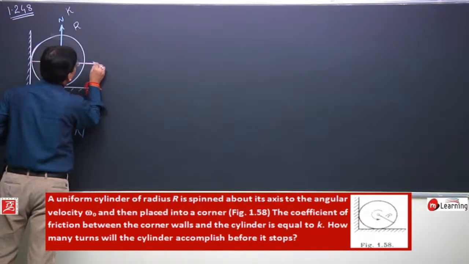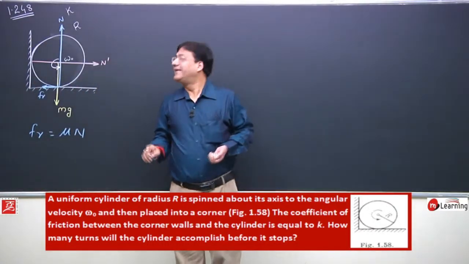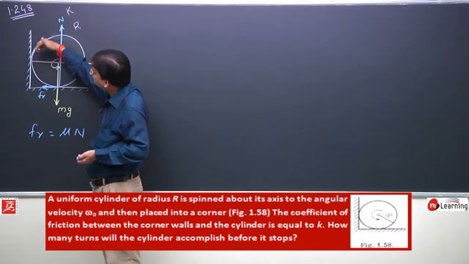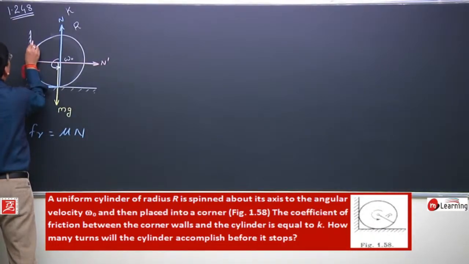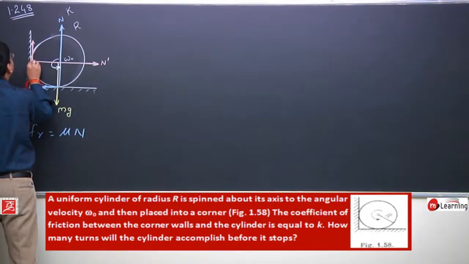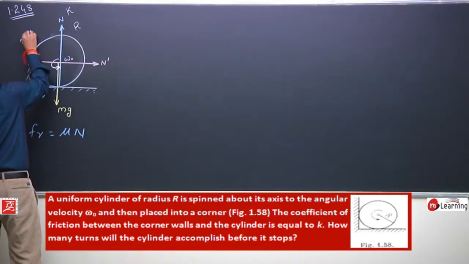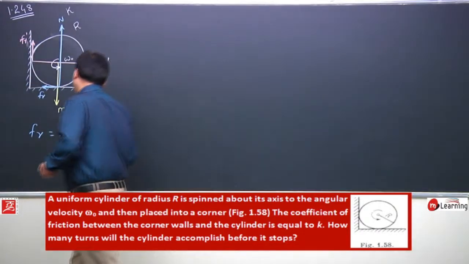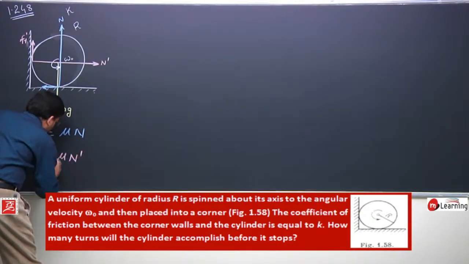This wall would offer normal reaction N dash in this direction, and due to this normal reaction, now against this wall there is a relative motion of the cylinder in this direction, so this wall would also offer frictional force in this direction, Fr dash, and this Fr dash would be equal to mu into N dash.